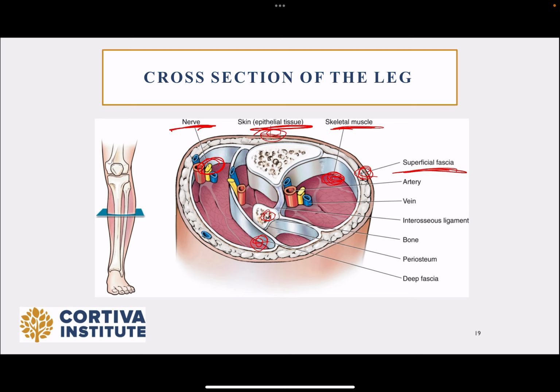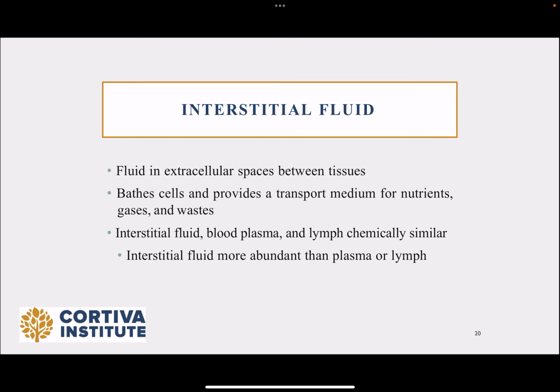But right now, the biggest importance for you to understand is that these 4 tissues are just always working together. Why? Because they perform different functions that the organism needs as a whole. If there's a problem with one of the functions, there's going to be a problem with the organism.